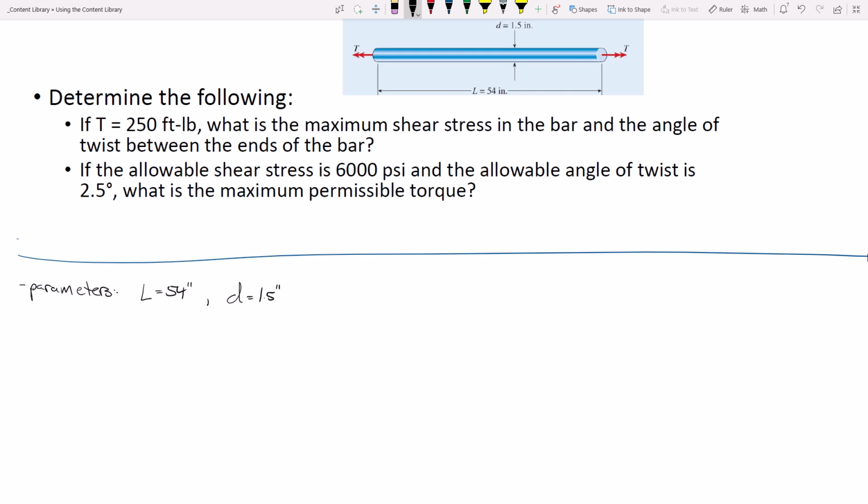We have d is 1.5 inches. Now what's new is this property J. So J is pi over 32 d to the 4th. What's this come out to be? And we'll say 3 decimal places.